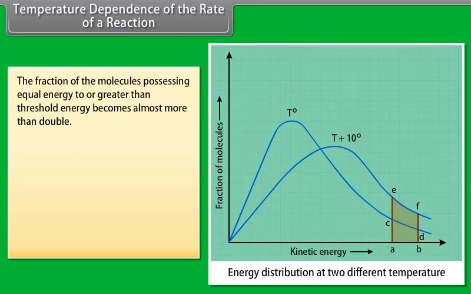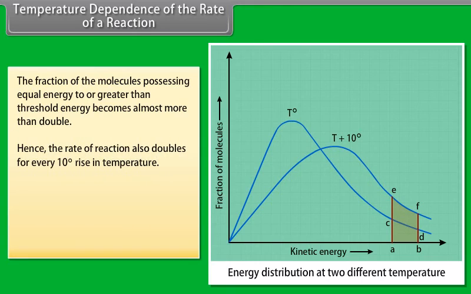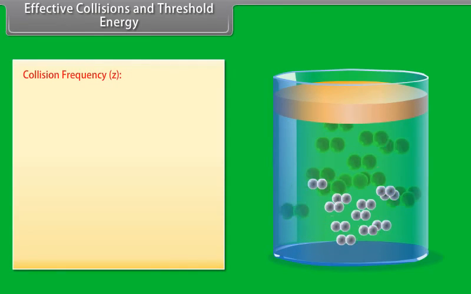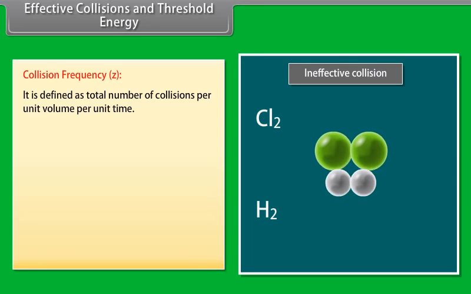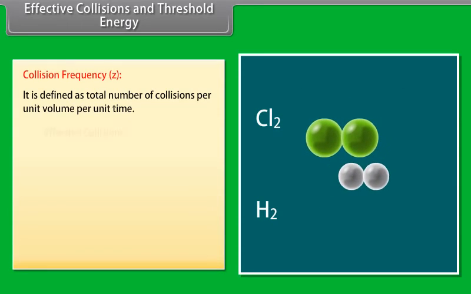For the reaction of nth order, t half is inversely proportional to 1 upon A naught raised to the power n minus 1. Pseudo first-order reaction. There are circumstances where a second-order reaction might appear in an experiment to be first-order, called a pseudo-first-order reaction.